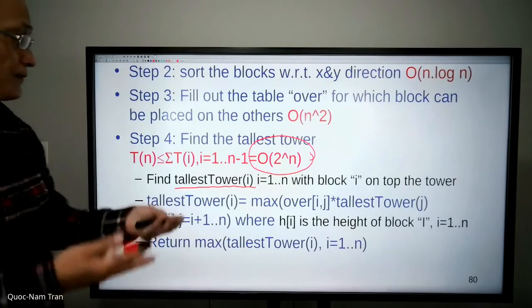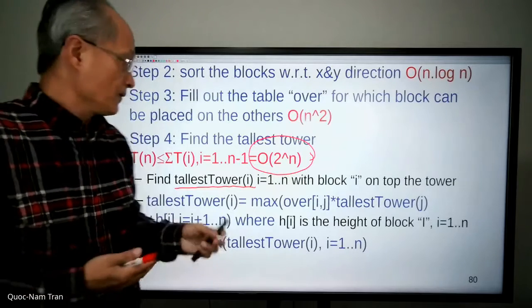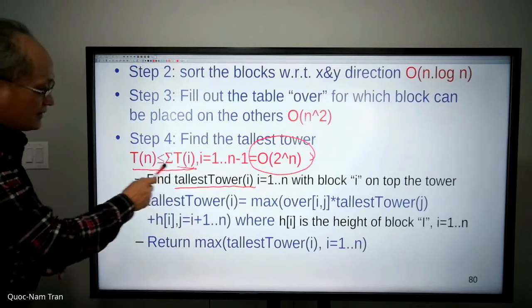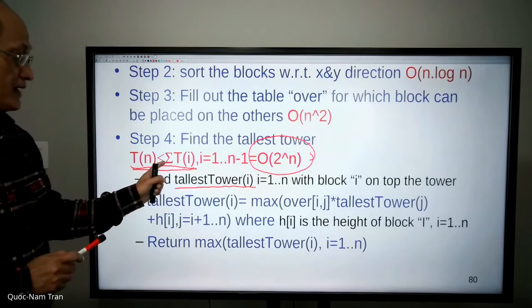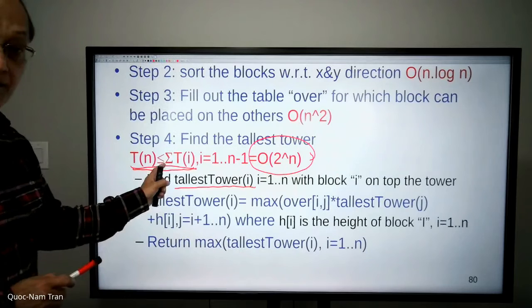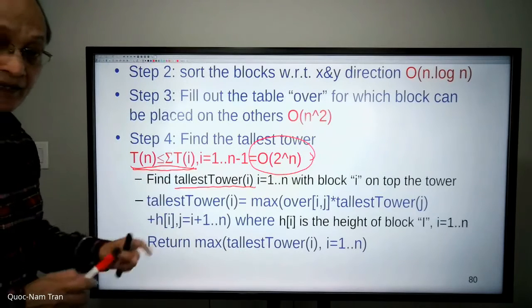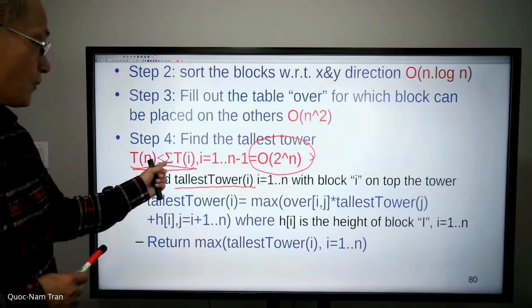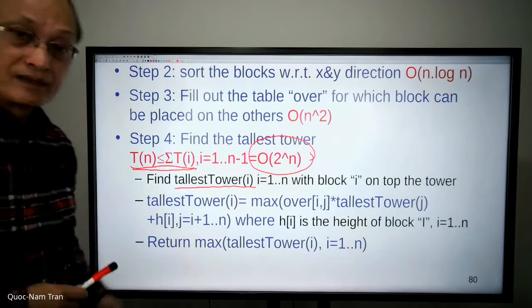So once we know the recurrence, right? Here on the right-hand side, we have the sum involved. Then we remember about how we remove the sum when we solve the recurrence, right?